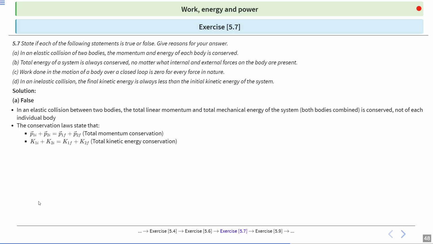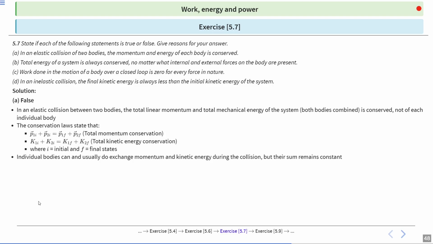This is valid for elastic collision, where i is the initial and f is the final state. Individual bodies can and usually do exchange momentum and kinetic energy during the collision, but their sum remains constant. Clear?